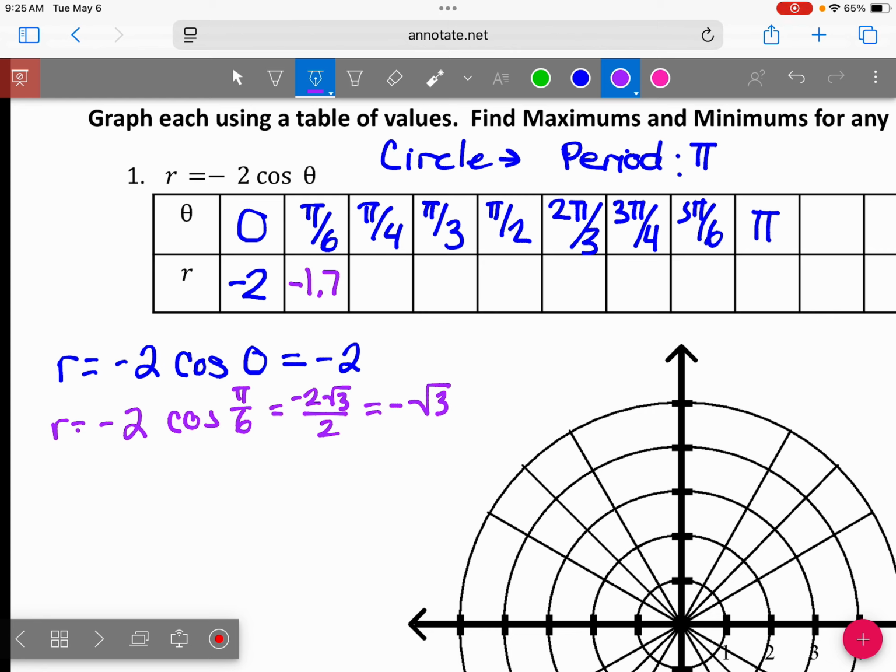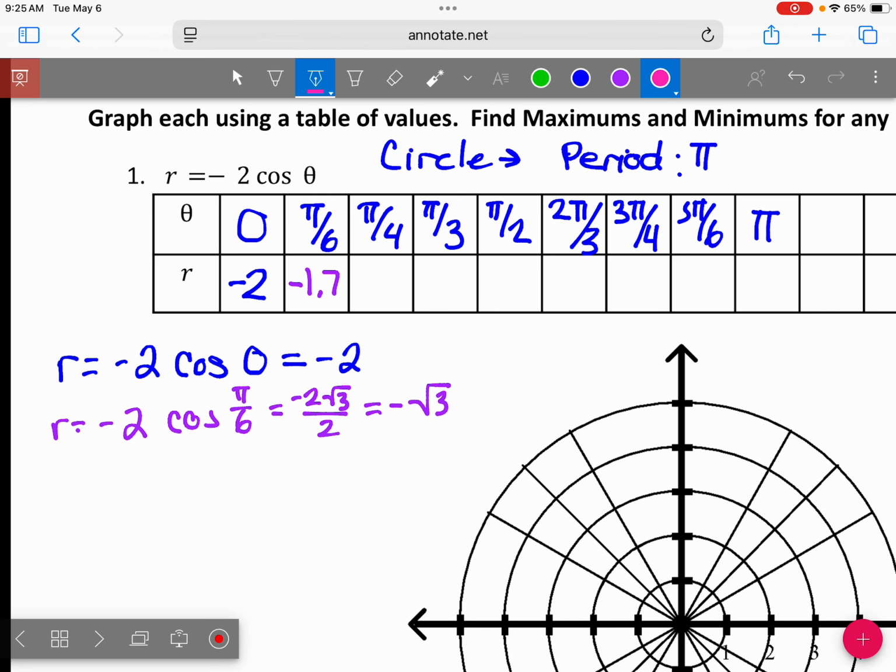However, not super helpful when it comes to graphing. We need decimals, because remember that's our radius that we're looking for here. So we're going to keep doing this. Pi over 4, same kind of deal. That's going to be -2 times the square root of 2 over 2. Negative.